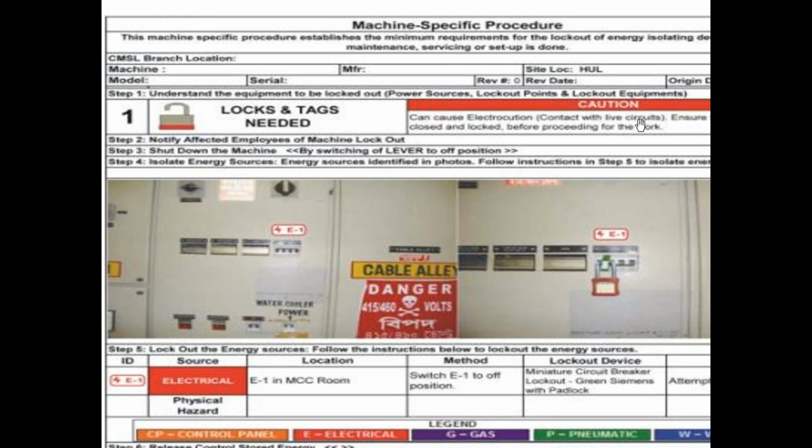So this caution is very important. So ensure closed and locked before proceeding for the work. That is the main caution, and that should be identified by that authorized person only, and accordingly the types of locks and the types of tags should be applied.